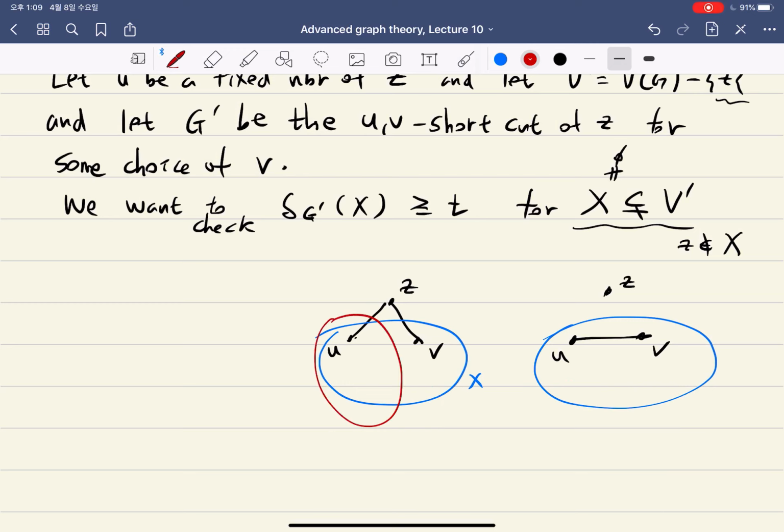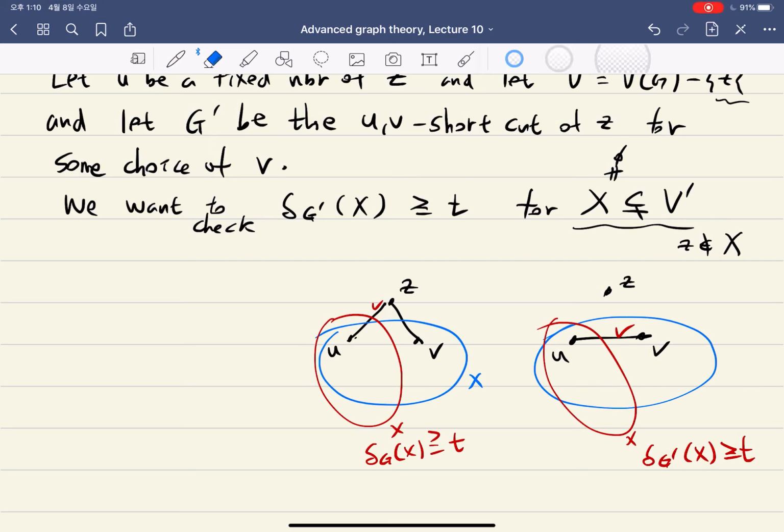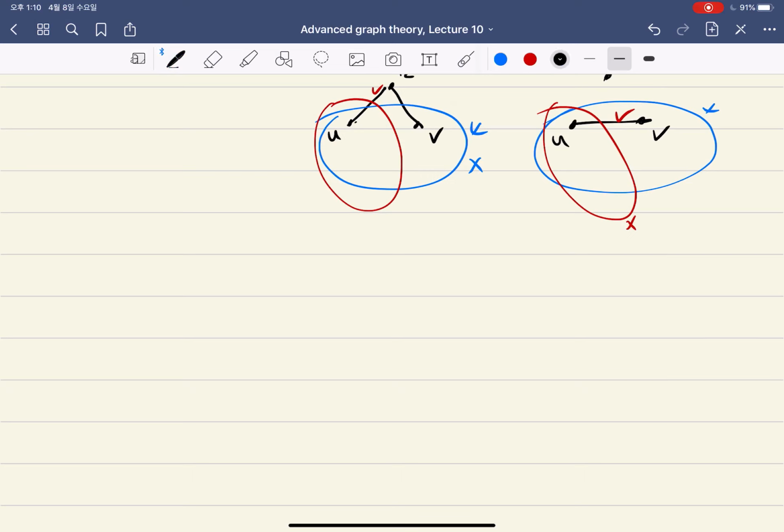And if it contains one of U and V, then it loses one edge leaving X, and it gains one edge leaving X. So previously the number of edges leaving X in G was at least T, and then in G prime the number of edges leaving X is again at least T. So also in this case, we don't have to worry. So the case where X contains both U and V is the one that's possibly dangerous.